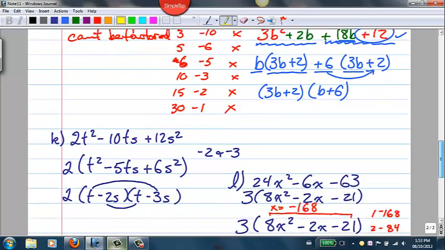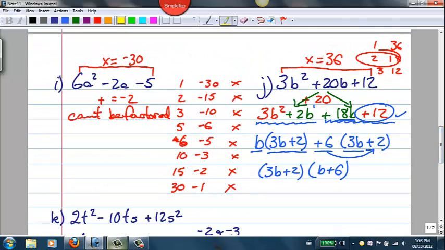Now, 4 more to do. 6a squared minus 2a minus 5. No common factor. So what I taught you is through the process of decomposition, I'm looking for two numbers that have a product of whatever the first times the last is. So they multiply to equal negative 30, and they add to equal the middle term, the negative 2.